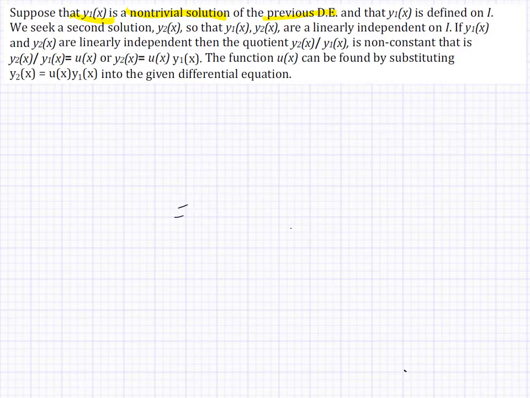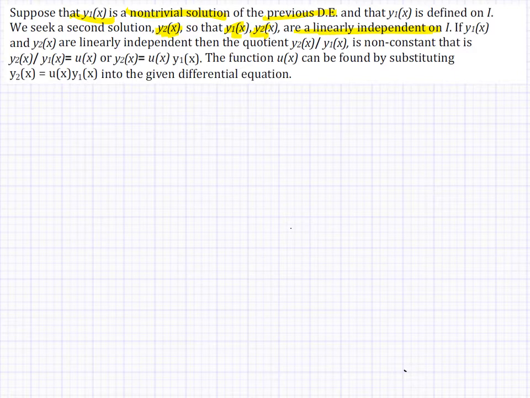Right. So then what we're also looking for is to find that second solution, right? We want to seek the second solution such that y1 and y2 are linearly independent. And we've talked about this. We want our solutions to be linearly independent.